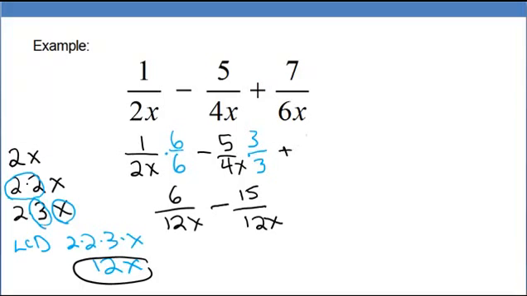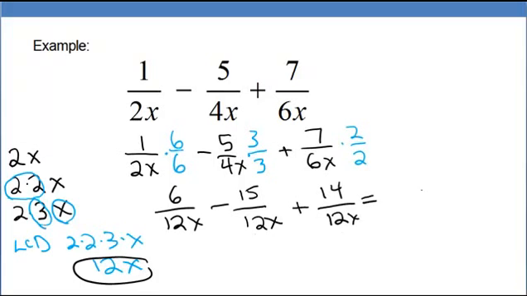Bring the last one. Check your denominator. You have a 6x. You want a 12x. This one is missing a factor of 2. Put it on, numerator and denominator. And this will give us 14 over 12x.